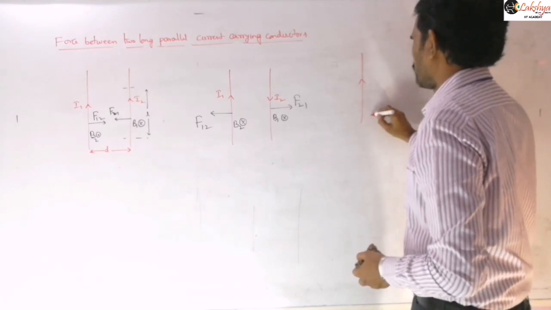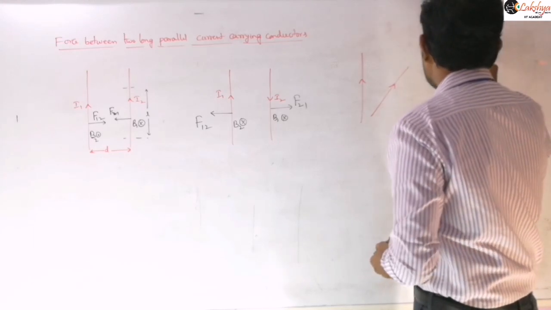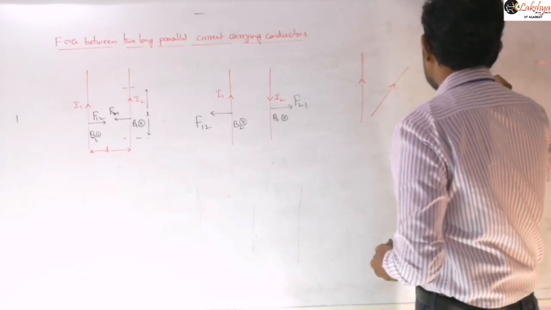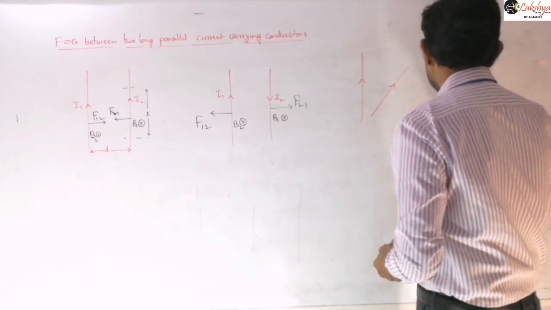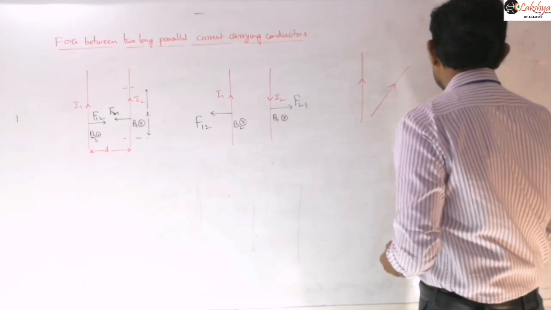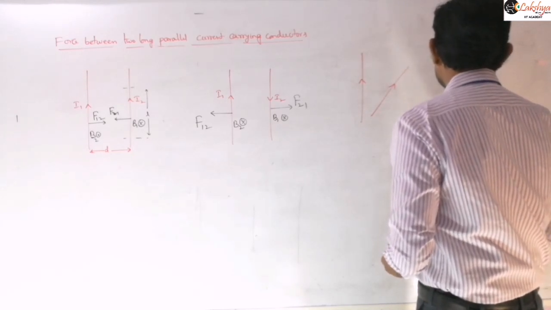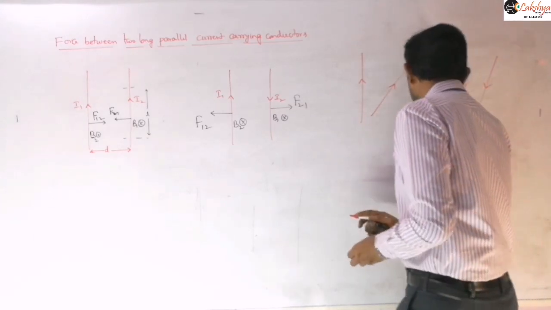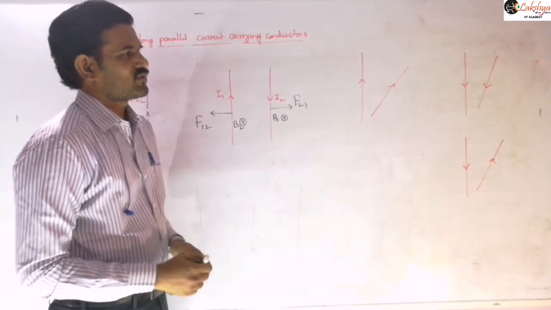So one conductor I am taking like this and the other conductor like this. Or let us take one conductor like this and the other conductor also like this. Right? Now like this I am taking here. Let us identify the directions in those three cases.